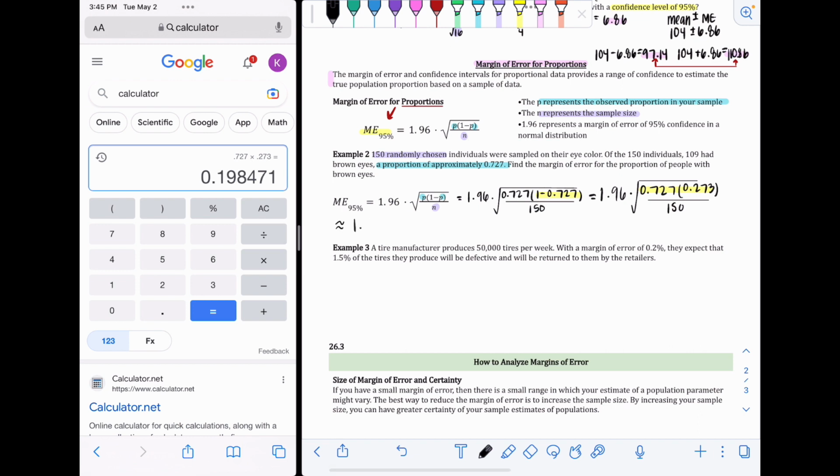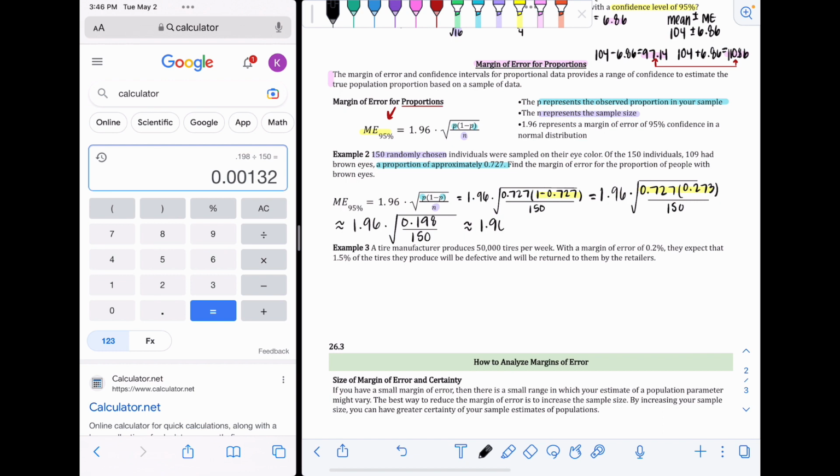So 1.96 times the square root of, rounding to 3 decimal places, 0.198 over 150. If you want, you can just leave this in your calculator. I'm going to take 0.198 and divide that by 150 to simplify inside the radical. It ends up being 0.00132. I'm just going to round it to 3 decimal places.